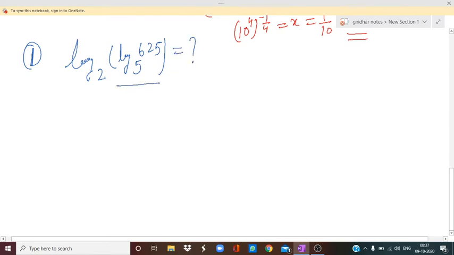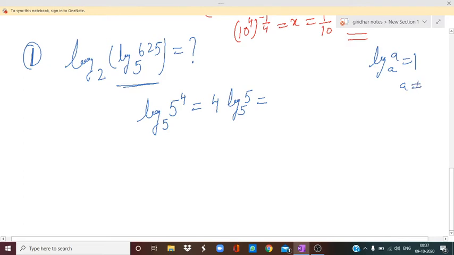First of all, we will simplify this log part. This you can write as log 5 to the power 4 with base 5. This is by the power rule: 4 will come this side, and log 5 with base 5. And you know log a with base a is always 1, where a is never 1 and a greater than 0.